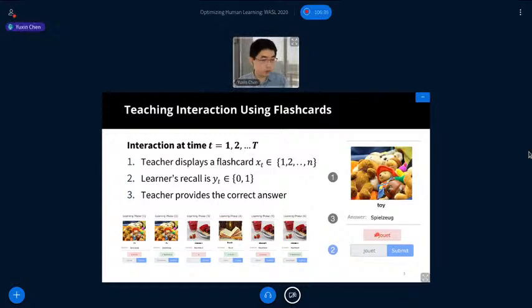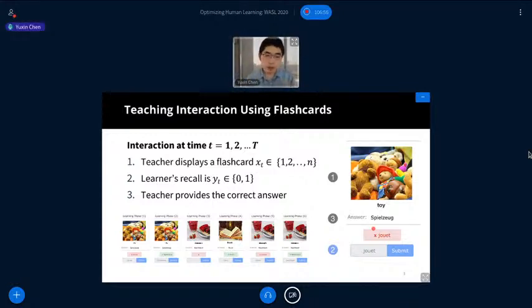The algorithm iterates in rounds. At the first iteration, the teacher displays a flashcard. Say we have a total number of n objects, or n concepts, to teach. The learner makes a guess for the flashcard based on the current knowledge it has.